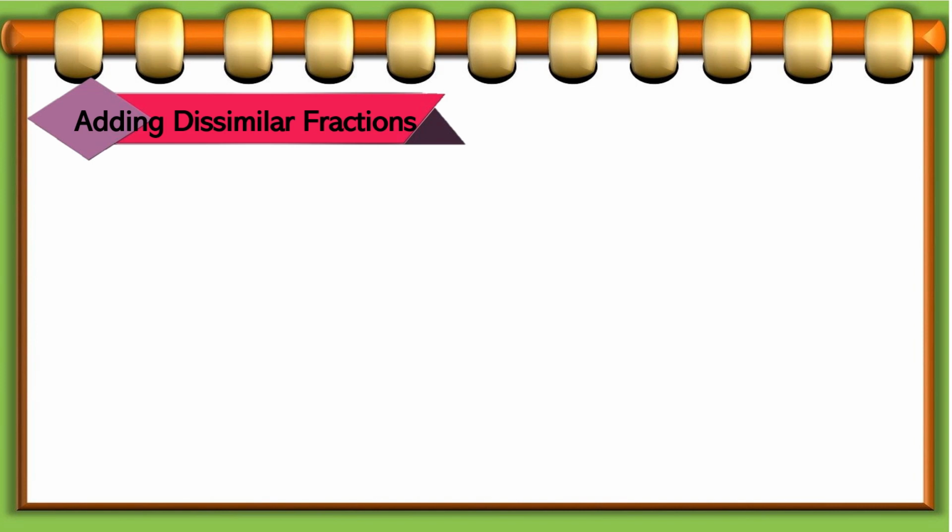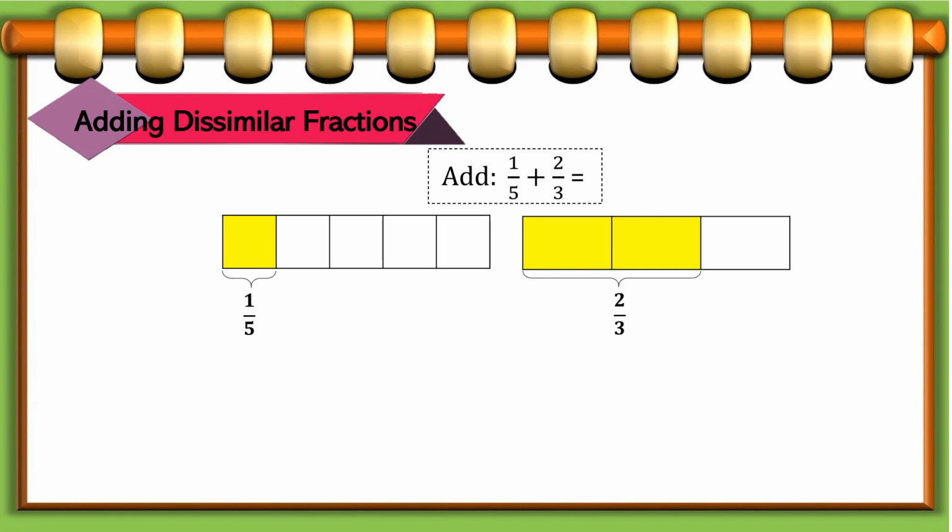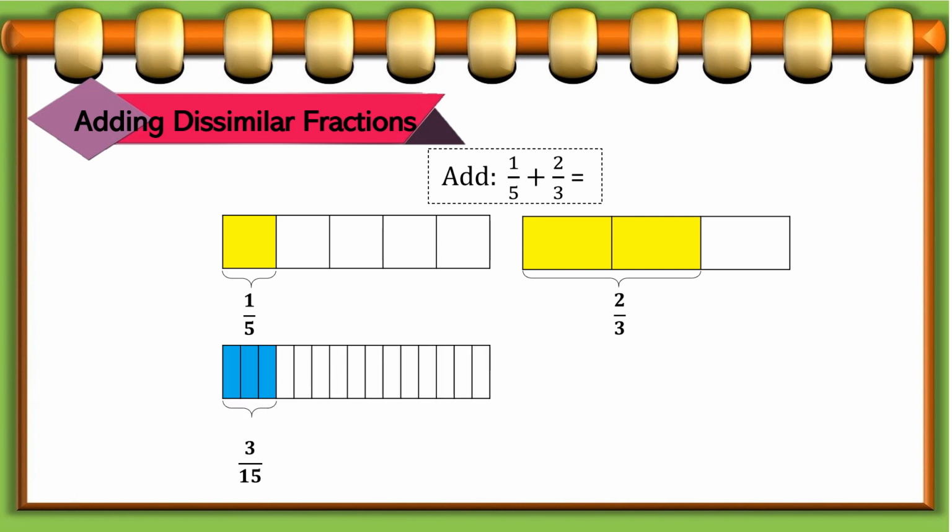Now you know how to add similar fractions. Let us add dissimilar fractions. Example, 1/5 plus 2/3. We're going to visualize the two fractions. Since the fractions are dissimilar fractions, we're going to make them equivalent fractions. We're going to divide 1/5 into 3 parts. So we have 1/5 is also equal to 3/15.